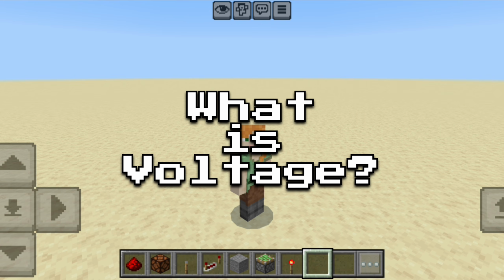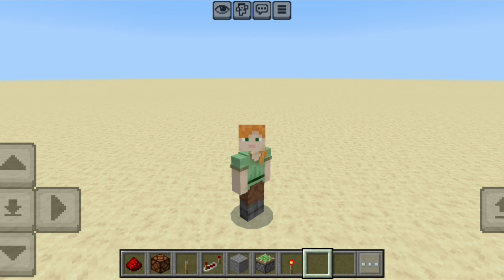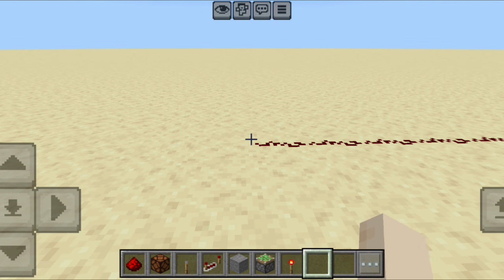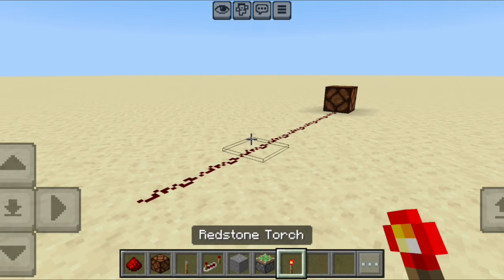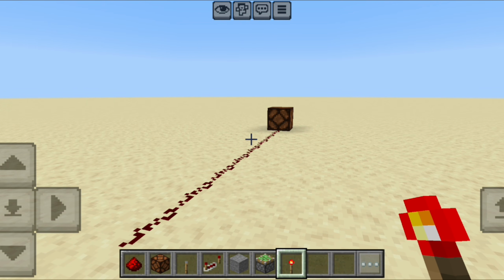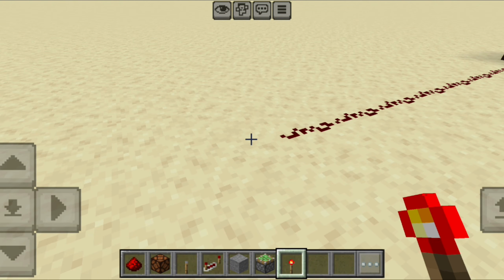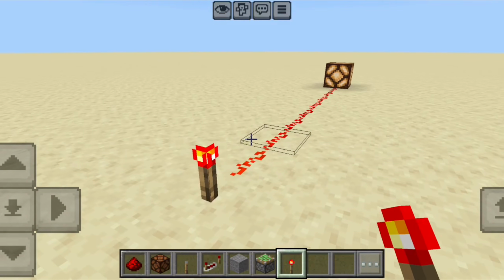What is meant by voltage? Let's understand this using redstone components. I am using a redstone torch. Place a redstone torch.